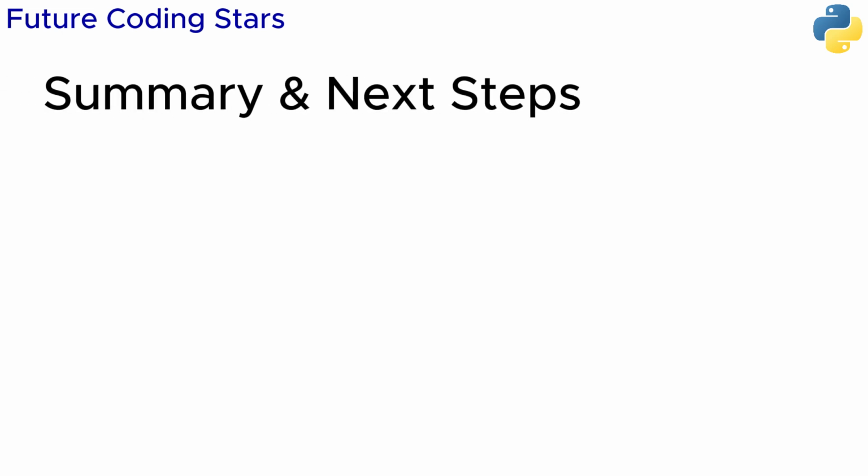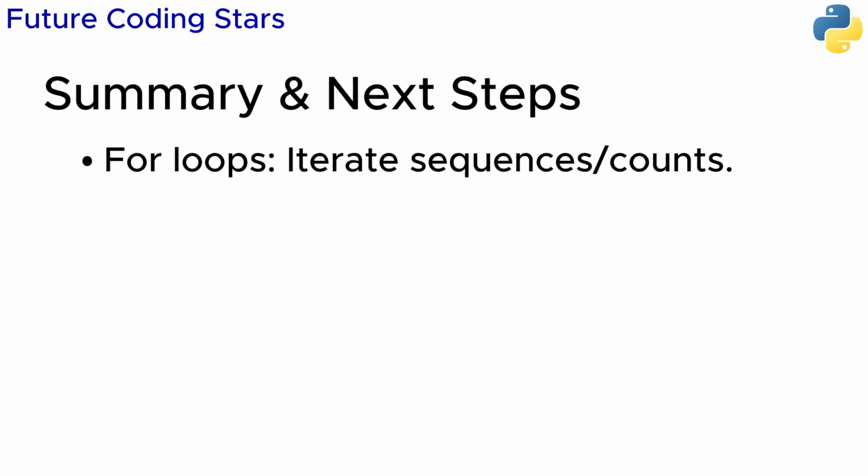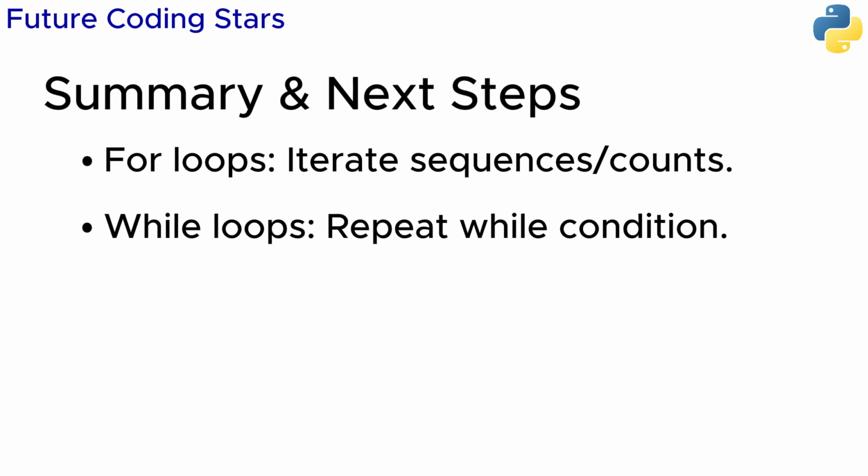All right, we covered a lot of ground today. You've taken a huge step in mastering repetition and automation in Python. We learned how for loops are perfect for iterating over sequences like lists or strings, and how range lets you repeat code a specific number of times. We explored while loops, which repeat based on a condition being true, and crucially, we learned to avoid infinite loops by updating that condition inside the loop.